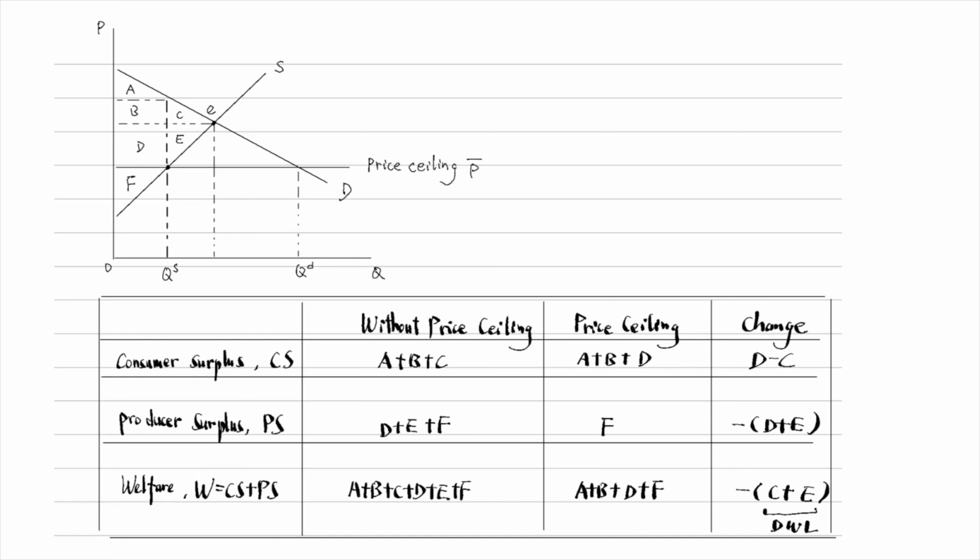The consumer surplus falls from the area of C to 0. The producers lose because their producer surplus shrinks by D plus E. Among them, the area of D goes to consumers. For society as a whole, the price ceiling causes a deadweight loss of the triangle area of C plus E.